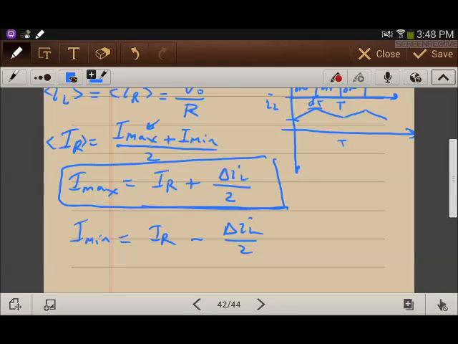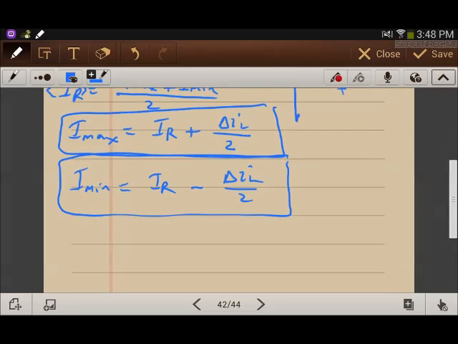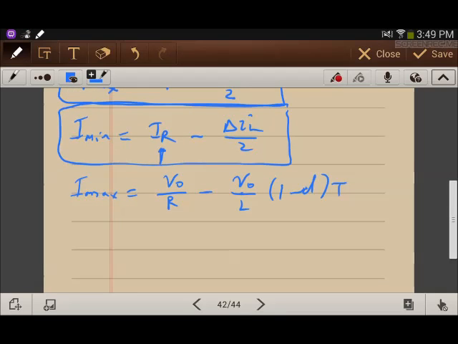So I will use these two equations and substitute the value of IR. So I max will equal V out over R plus delta IL; I will take this one, V out over L, 1 minus D multiplied by T, divided by 2.